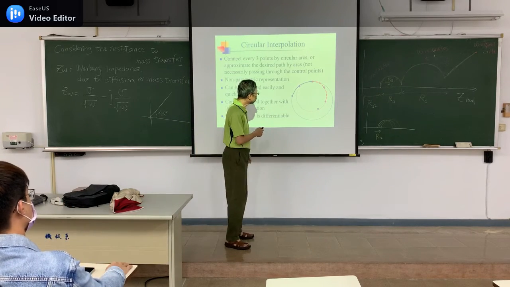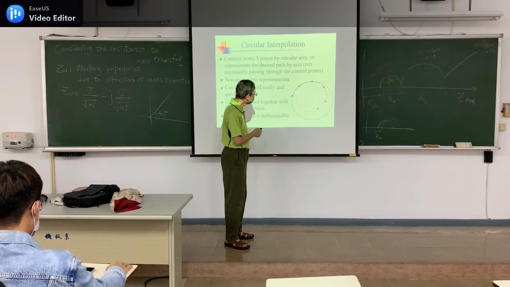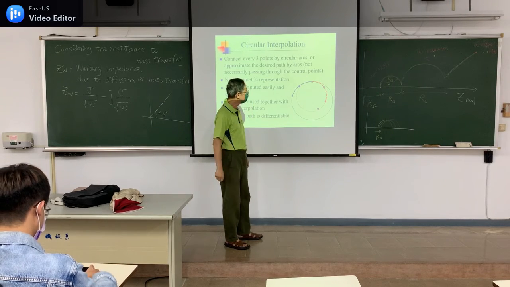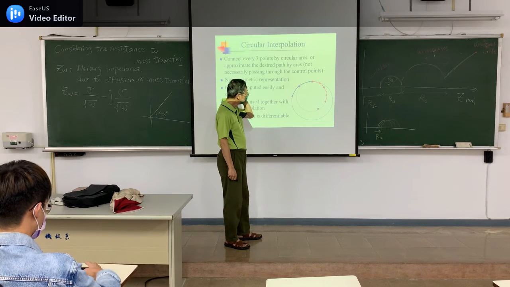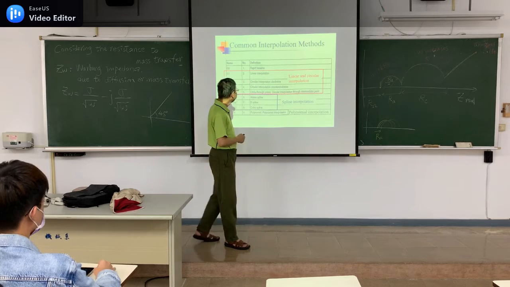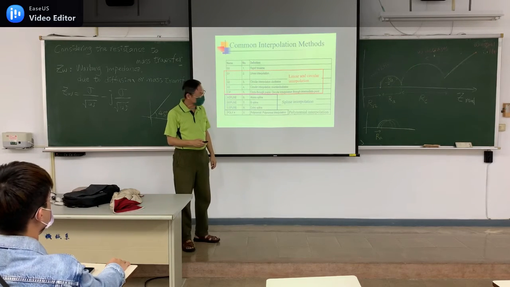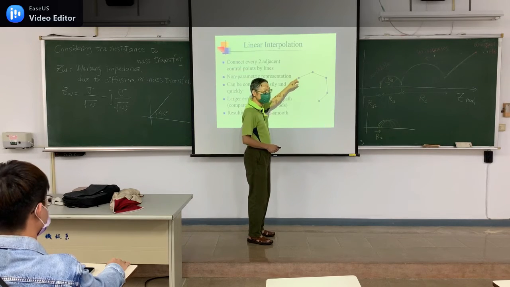You can do it by the perpendicular bisectors, and from this you can find the center point. And for G2 and G3, they just give you 2 points.